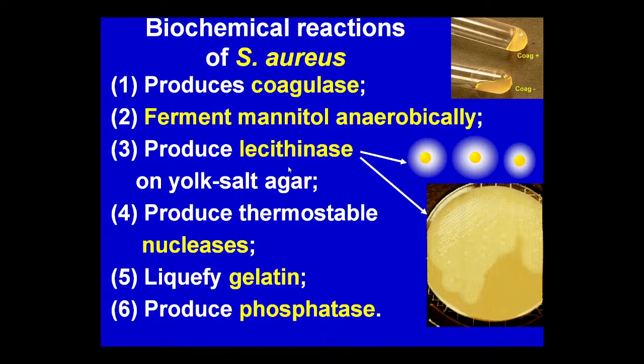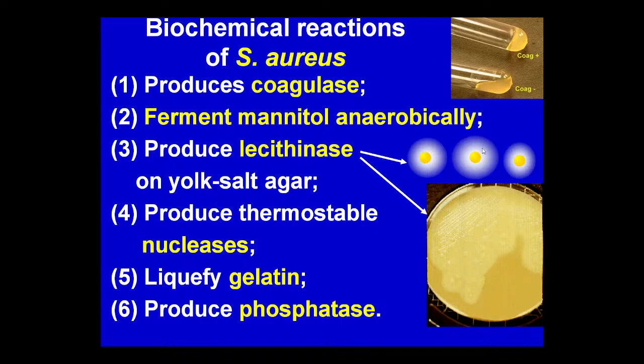Then Staphylococcus aureus may produce an enzyme that is called lecithinase, and we demonstrate the ability to produce it on the yolk salt agar. And lecithinase enzyme will modify lecithin that is one of the constituents of yolk salt agar.